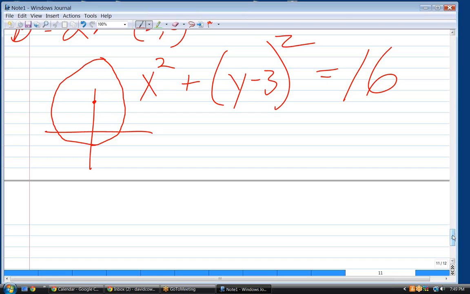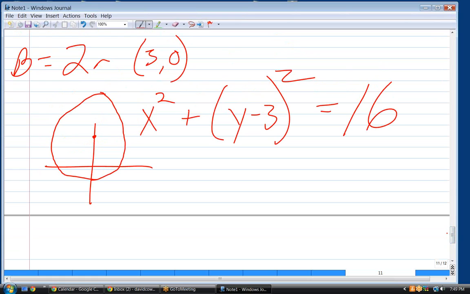Now they're telling us that there is a line that goes through the point (3, 0). Well, we know that this is at 3. So it looks like that line, and it has a length of 2 times the radius, the diameter, right?